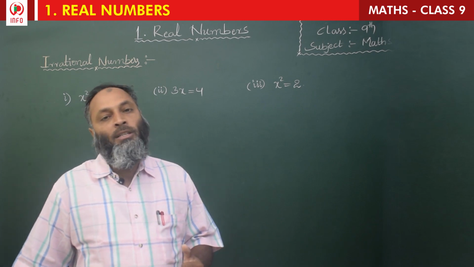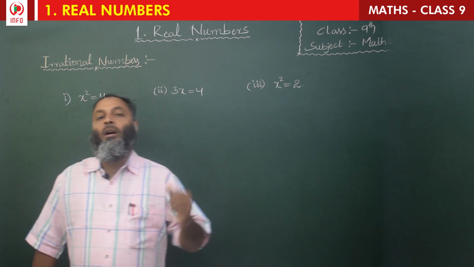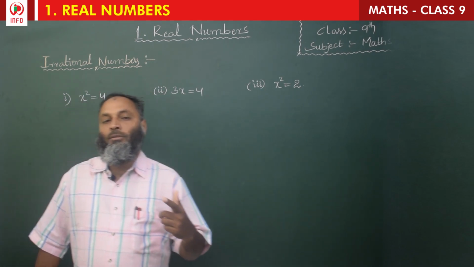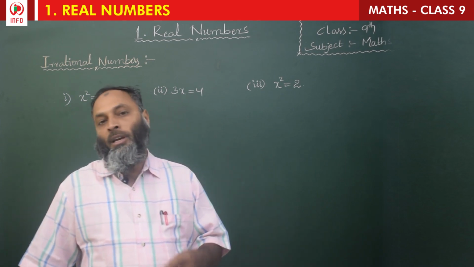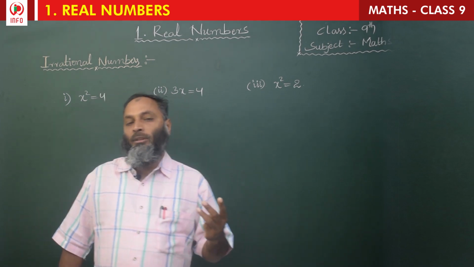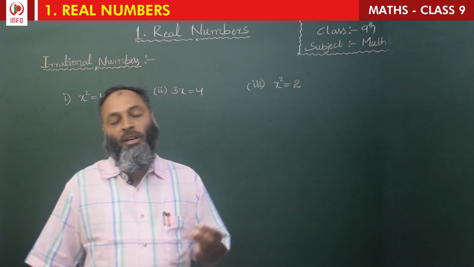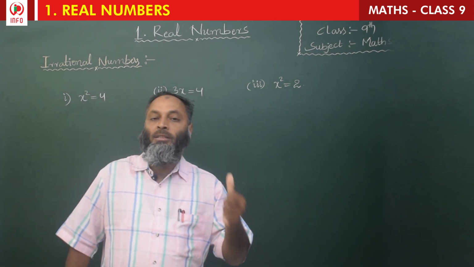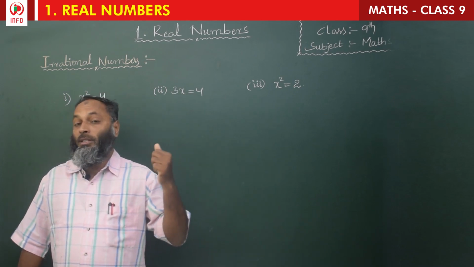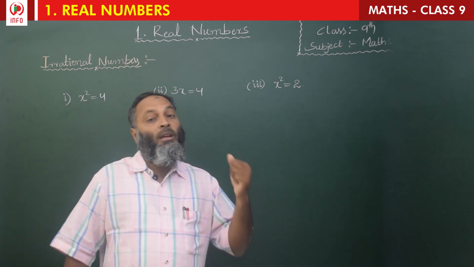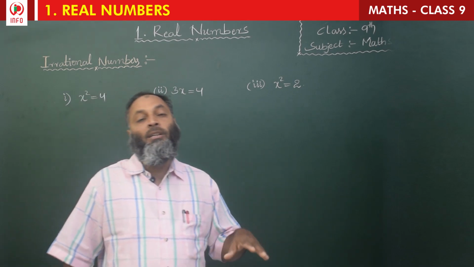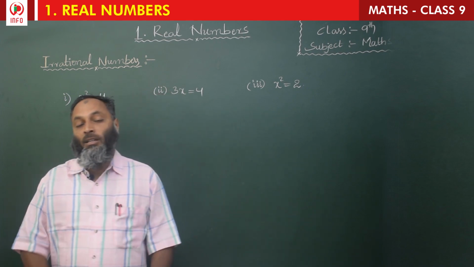Rational numbers include the set of natural numbers, whole numbers, integers, and all decimal numbers. Then all fractions, terminating fractions, proper fractions, improper fractions, mixed fractions are rational numbers.